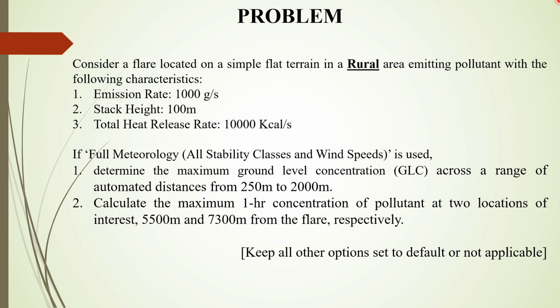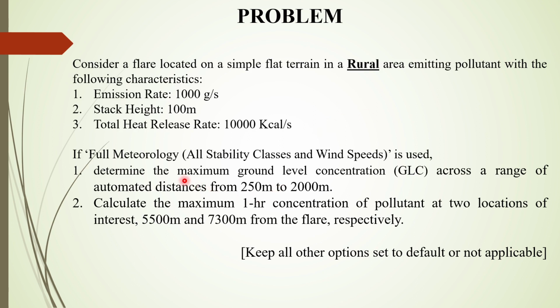If full meteorology is used, determine the maximum ground level concentration across a range of automated distance from 250 meter to 2 kilometer, and calculate the maximum 1 hour concentration of pollutant at two locations of interest, 5.5 kilometer and 7.3 kilometer from the flare respectively.